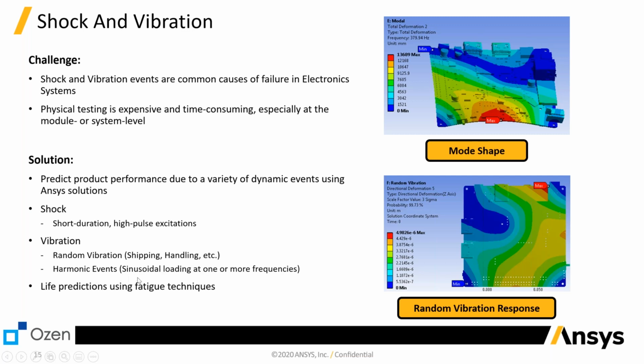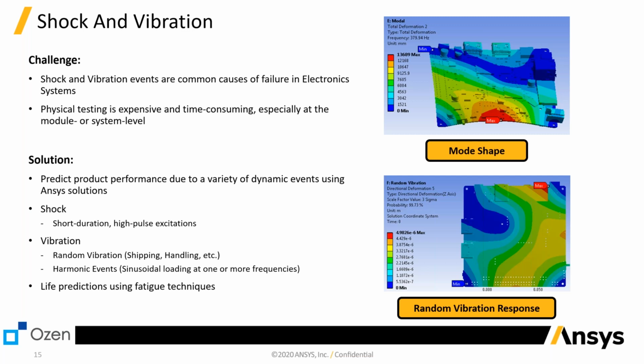And if it's subject to a sinusoidal event, like a sinusoidal load, if this is put on rotating machinery, then we have to do a harmonic frequency simulation and try to predict the life of these components, see if they will prematurely fail or if they will fail at longer periods of time.